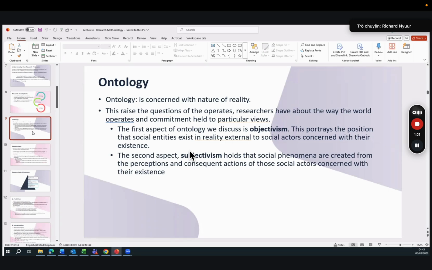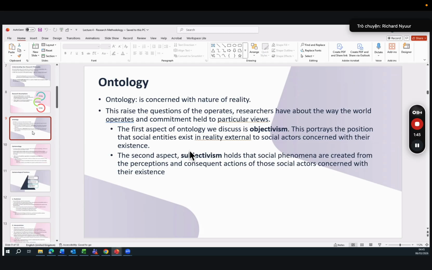And so which means that events or issues exist in themselves, and that no matter what you do, you will arrive at that knowledge, that understanding. In an objective assessment, you will arrive at that answer.